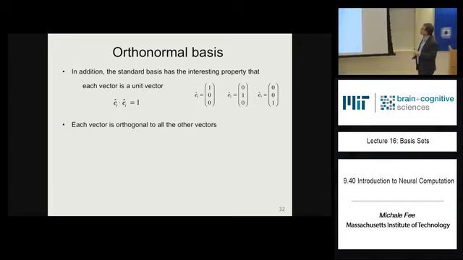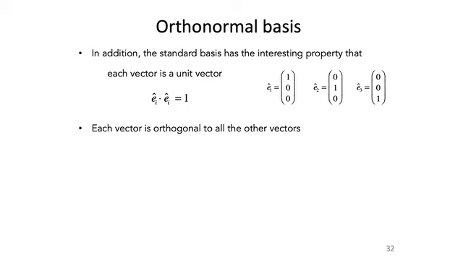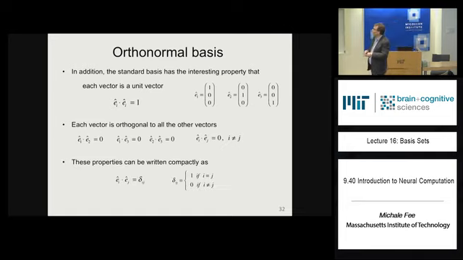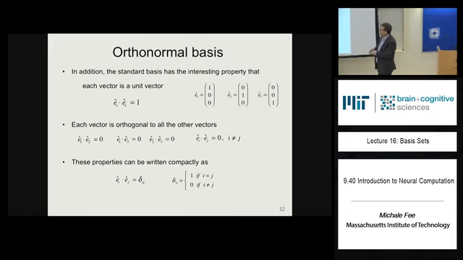Each vector is orthogonal to all the other vectors. That means that e1 dot e2 is 0, and e1 dot e3 is 0, and e2 dot e3 is 0. You can write that down as e_i dot e_j equals 0 for i not equal to j. Okay? You can write all of those properties down in one equation.